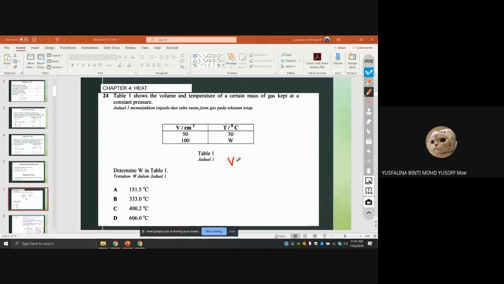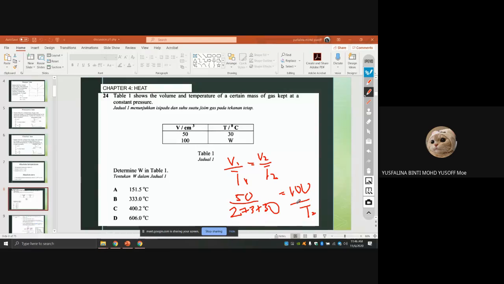Okay, so V1/T1 goes to V2/T2. Remember, this one you have to change to Kelvin. So 50, change to Kelvin: 273 plus 30, equals V2 is 100, divided by T2.